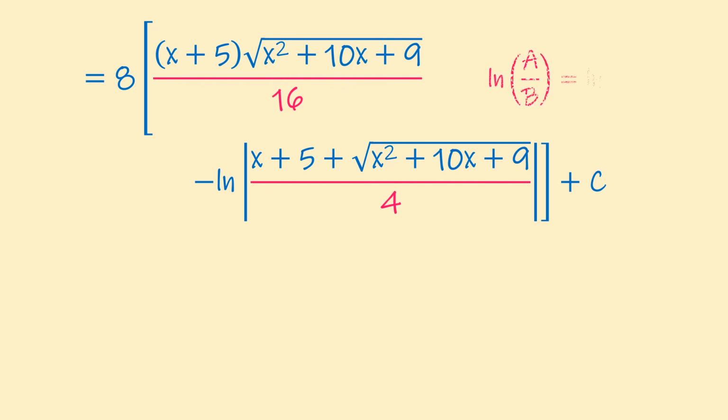Apply a property of logarithm. Note that the natural logarithm of 4 is a constant, which can be combined with the arbitrary constant c. Distribute the constant to each term.